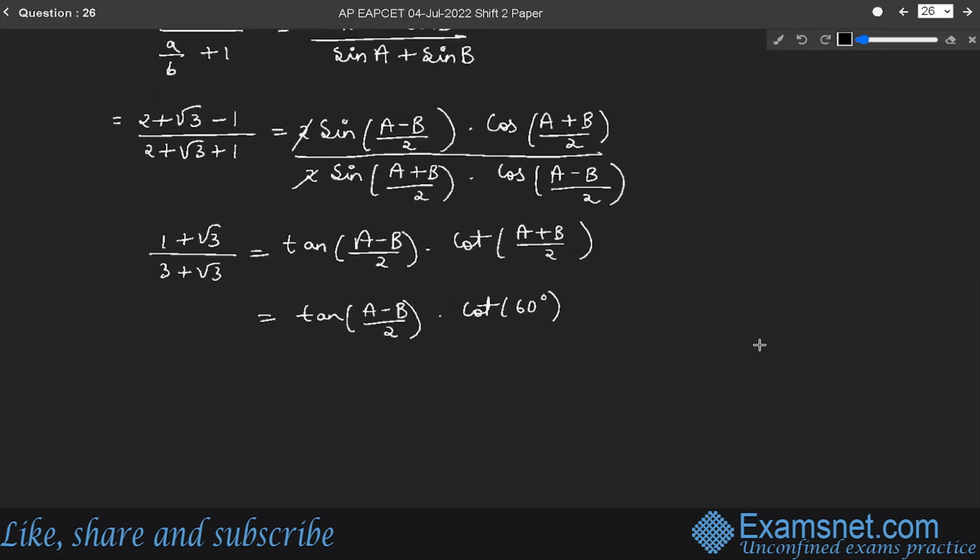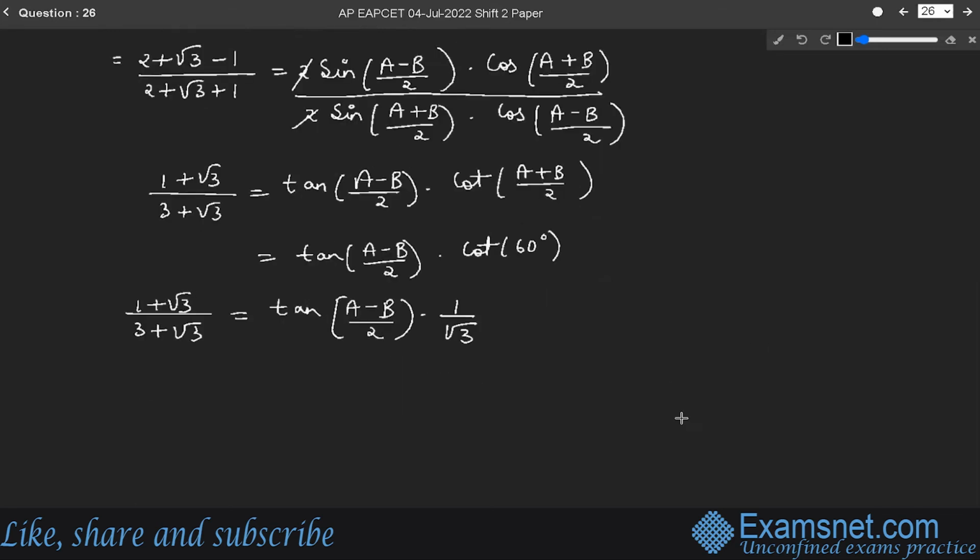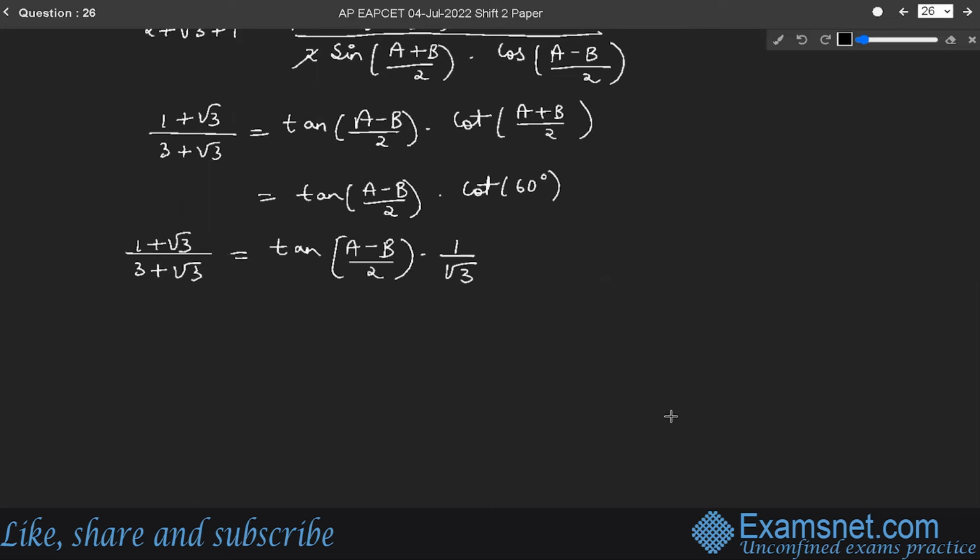Now the LHS is 1 plus root 3 divided by 3 plus root 3. This is equal to tan of A minus B by 2 into cot of 60 degree. So cot of 60 is 1 by root 3. Now we have to equate both the terms.